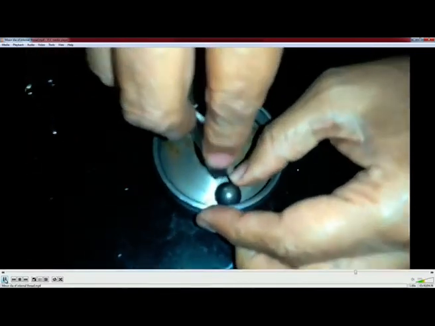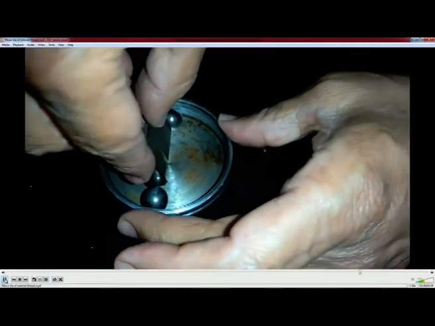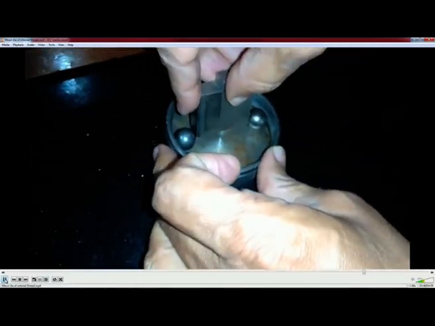Now, the assembly I am trying to insert between the two steel balls.